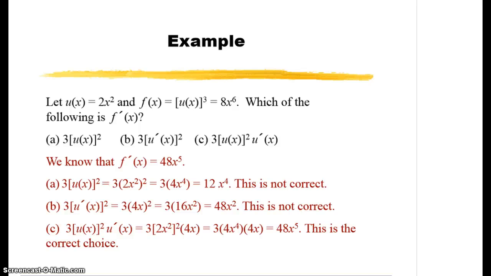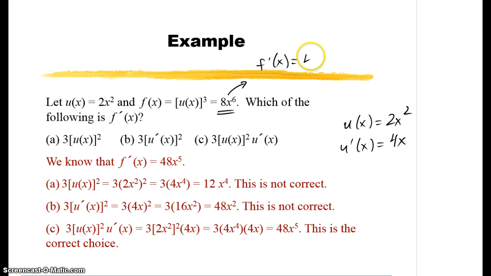So if we write out every case, substituting in u of x equals 2x squared and u prime of x equals 4x, when we take the derivative we get 4x. The derivative of 8x to the 6th is 48 times x to the 5th. That we know. We want to see which of these three cases will match that answer.